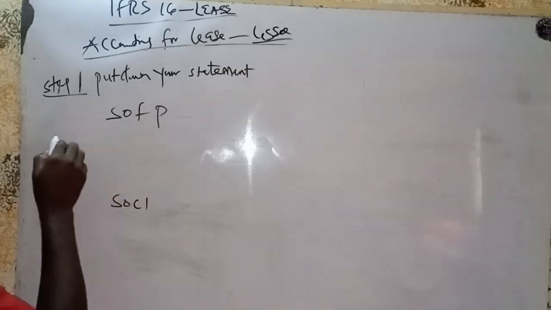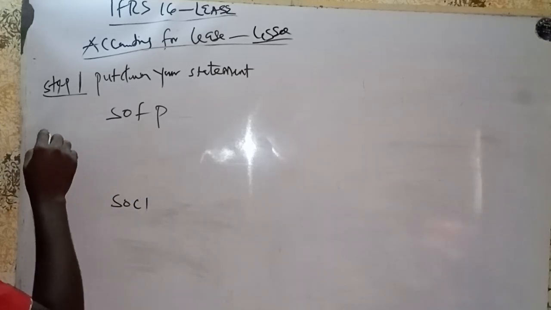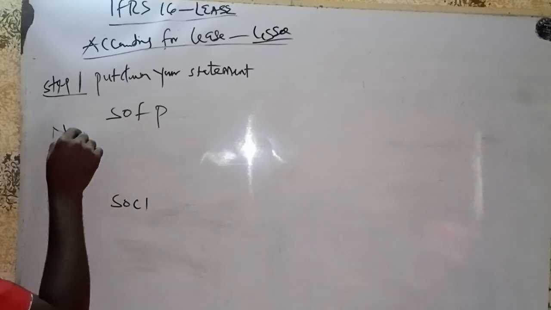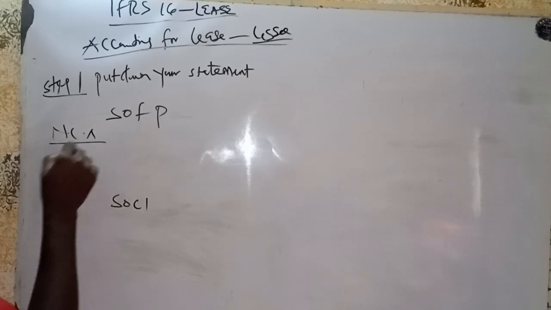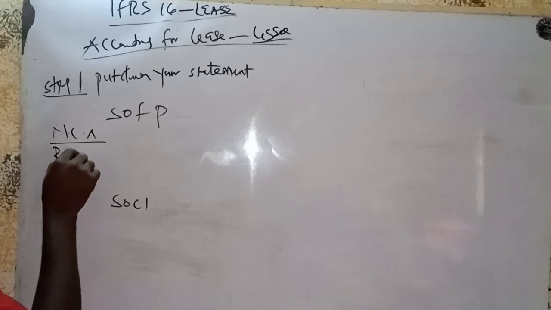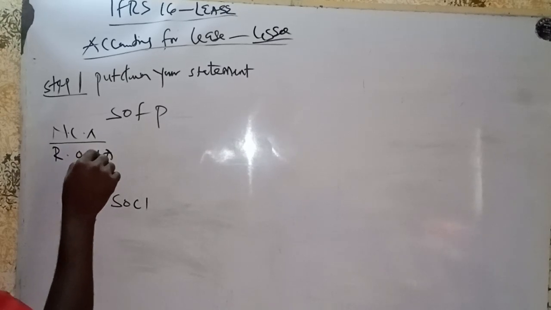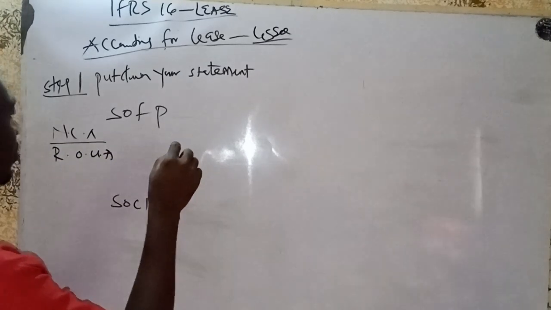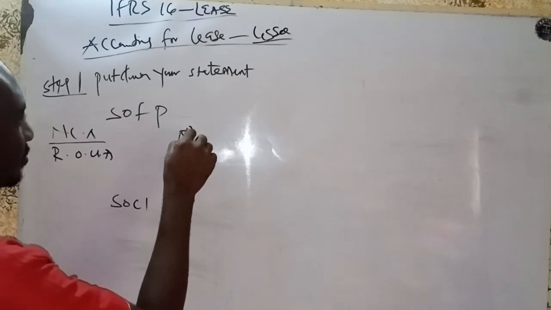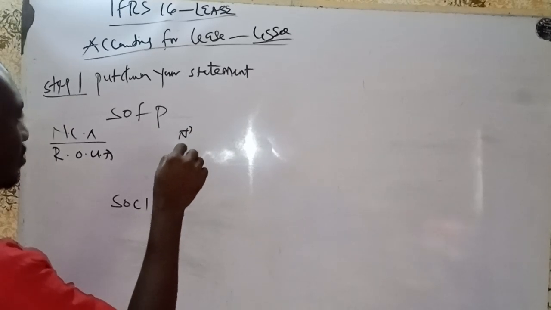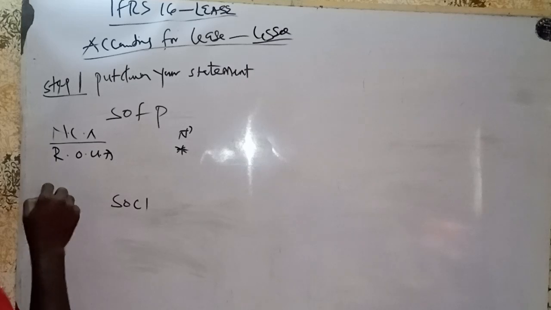And what do you put under them? Under the statement of financial position, put down your non-current asset. Under your non-current asset, put down the right of use asset that you will always get in your working. Then you close it.